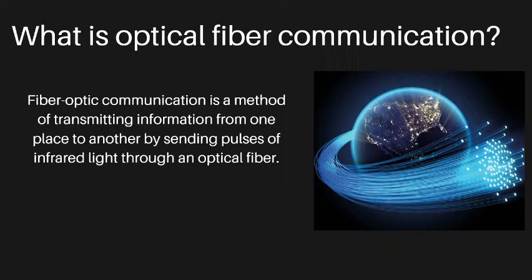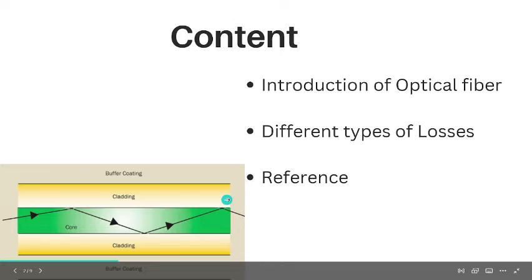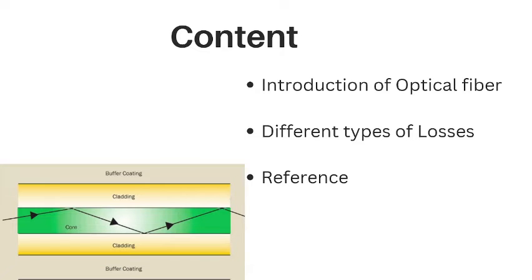The optical fiber cable is made up of three different parts: first is core, then cladding, and after that coating. These three parts have different densities, and our data or light wave is transmitted through the core part. So this was the short introduction to how optical fiber communication happens.